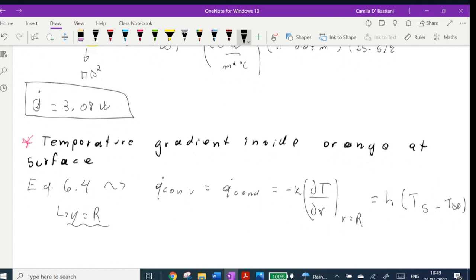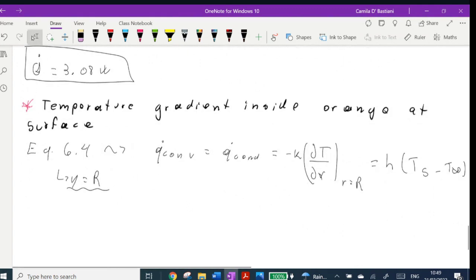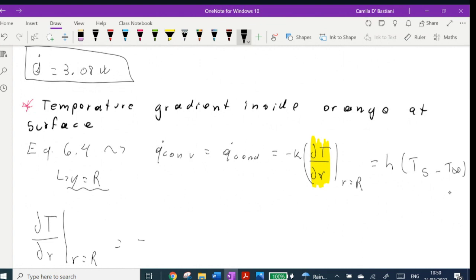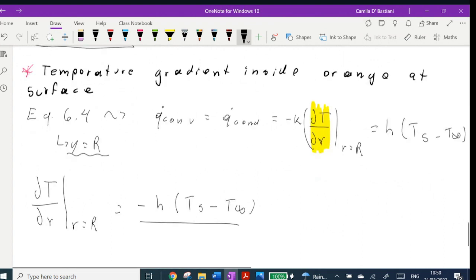So my surface, instead of being linear, is according to a radius. What I want to find is my change of temperature with radius, so my temperature gradient. So my temperature gradient in relation to my radius, when my radius is equal to the max value, so the surface, is going to be minus H, temperature of the surface minus temperature of the air, divided by K. One detail here, okay?